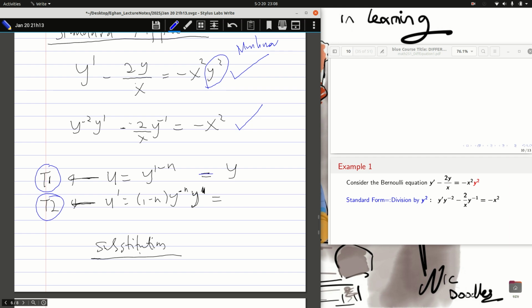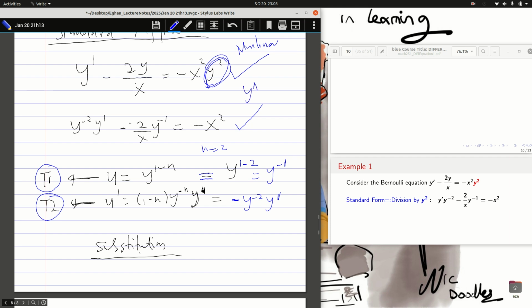So this will be equal to 1 minus n, which is negative 1, because n is equal to 2 from here. And over here, because 1 minus n is negative 1, I have negative y to the negative 2 y prime. There's y to the power n.